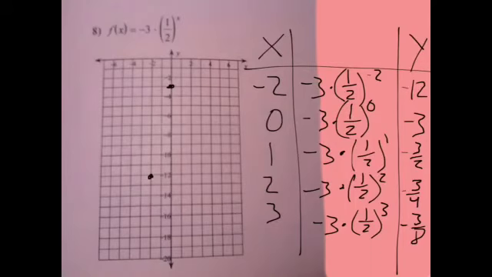And -3/2 is about -1.5. So that's right there-ish. And then we got 2, -3/4. And then we got 3, -3/8. So things are decreasing rather rapidly. Well, getting closer to the x-axis rather rapidly there. And once you have that, you can draw your little exponential there.